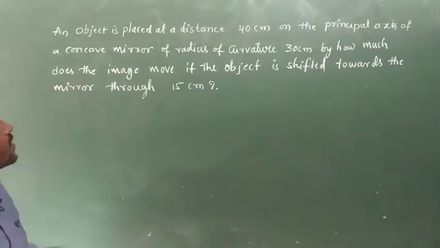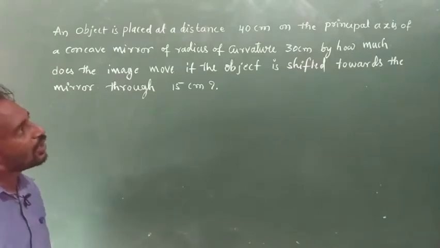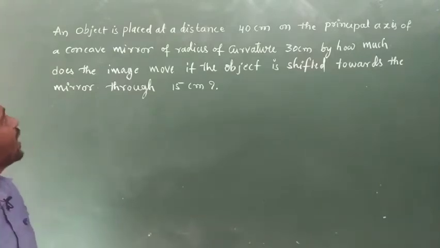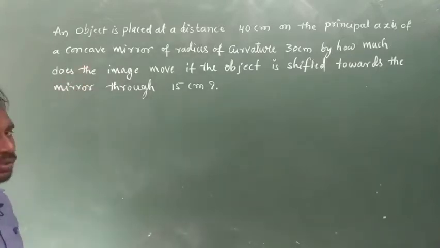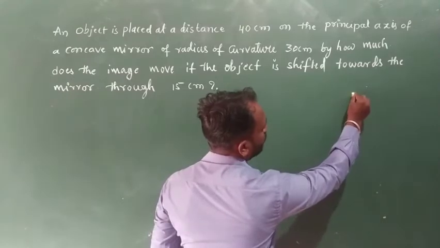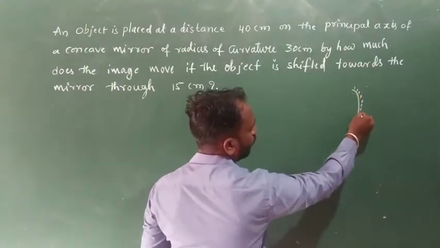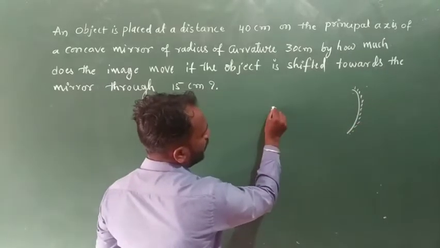Okay, so the first one: an object is placed at a distance of 40 centimeter on the principal axis of a concave mirror. Here we consider this one as a concave mirror, and a principal axis.